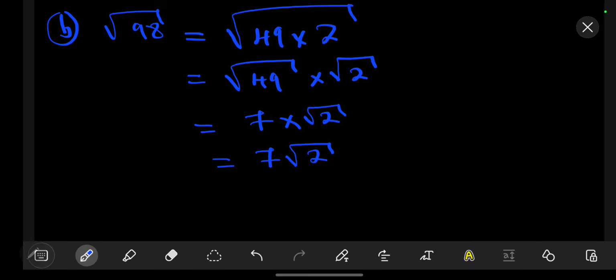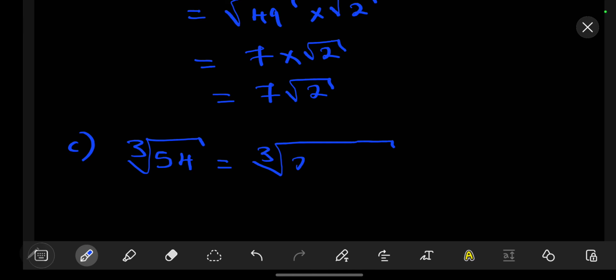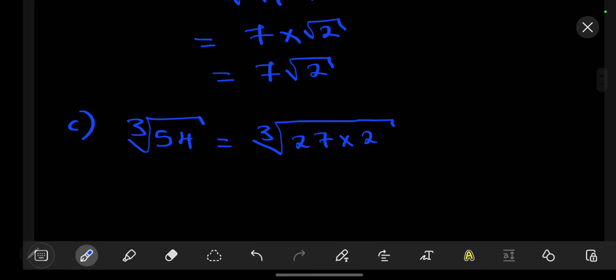Let's advance it a bit. Let's say we have the cube root of 54. Don't let this scare you. It's still the same approach. Here we are going to look at a number that has a perfect cube root. This is the same as the cube root of 27 times 2. 27 times 2 is equal to 54.